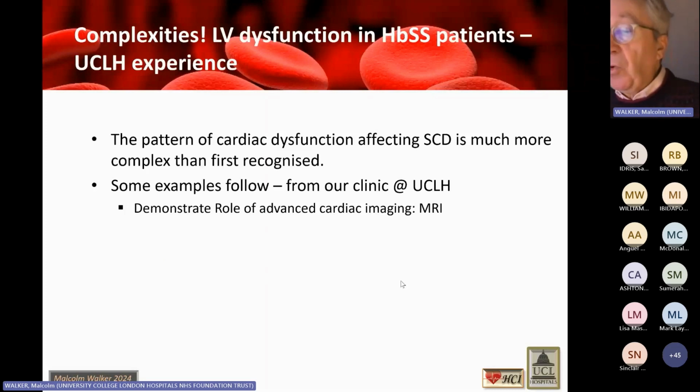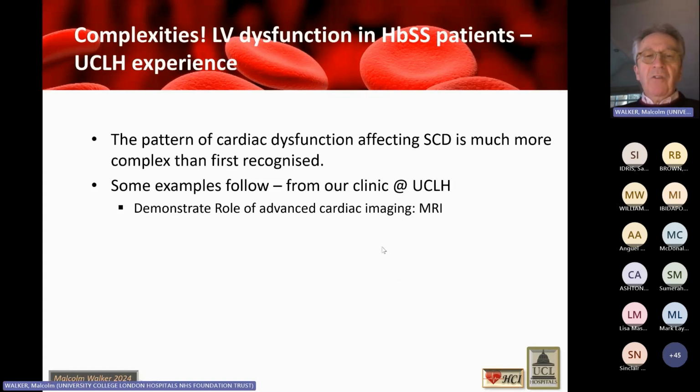So I'm just going to end with 3 case histories. These are real, they're recent, and they were collected by my colleague, Dr. Polyvios Dimitriadis, who actually is taking over my role at UCH in the red cell clinic.